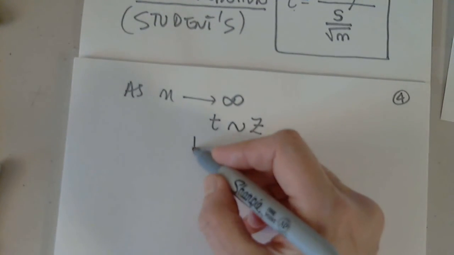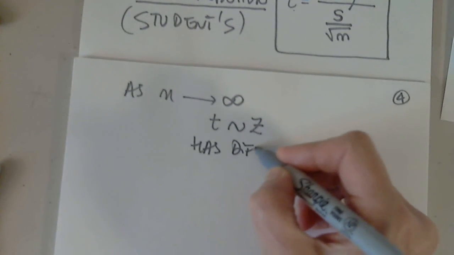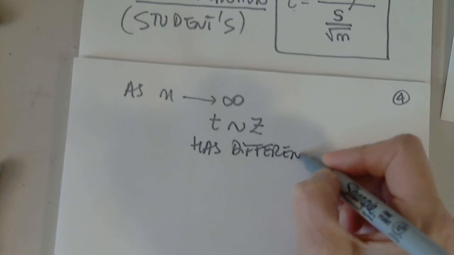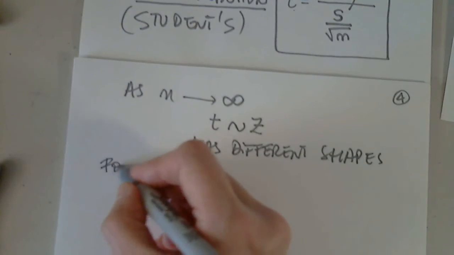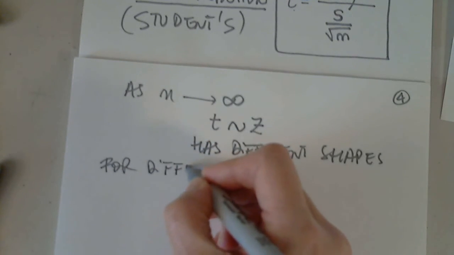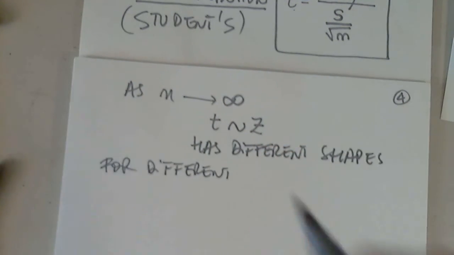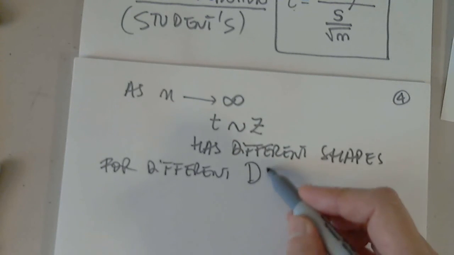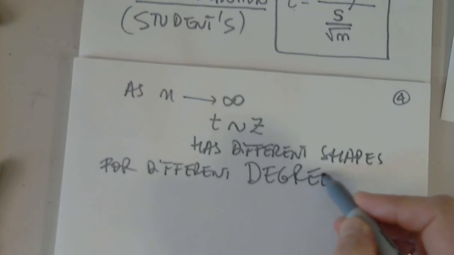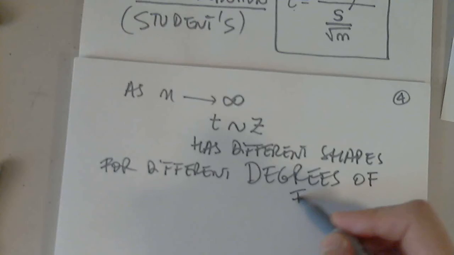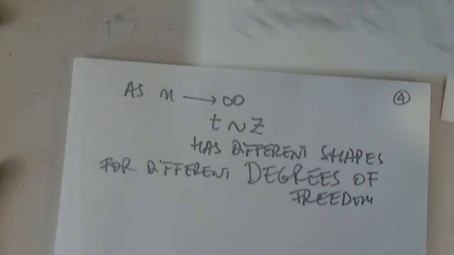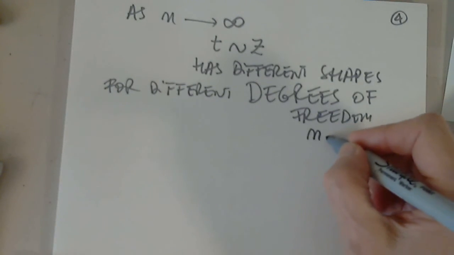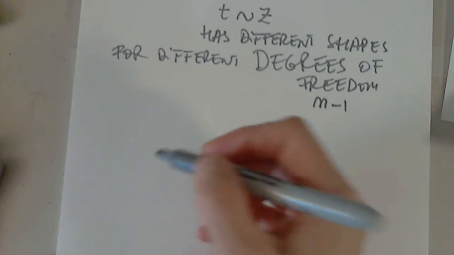T has different shapes for different degrees of freedom, which we encountered before. Degrees of freedom are always n minus 1, the sample size minus 1.